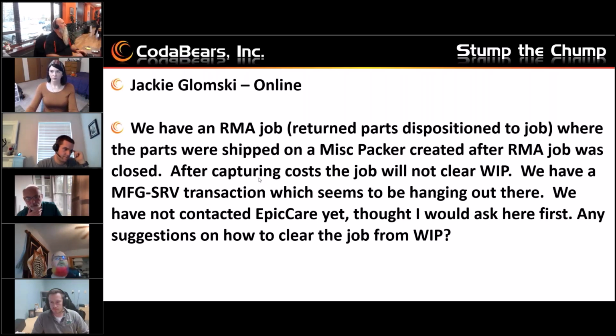So Tim's suggestion, not Tim Shoemaker, sorry, another Tim, was to look and see if the product group on the RMA job might be related to the service call, and that might have created that transaction for you. No service call, the customer just returned the material to be fixed.